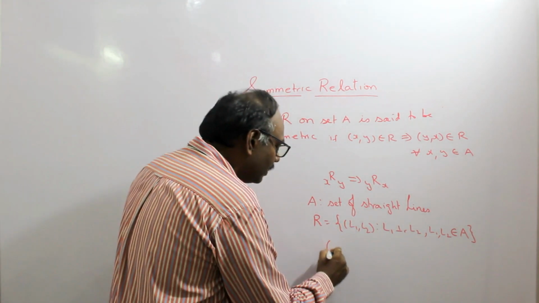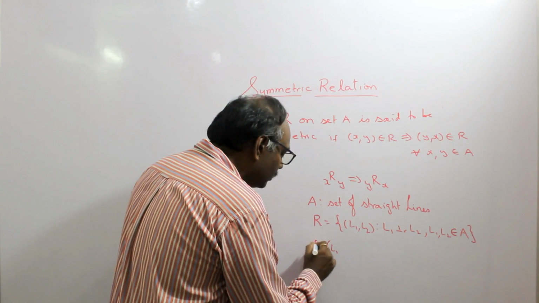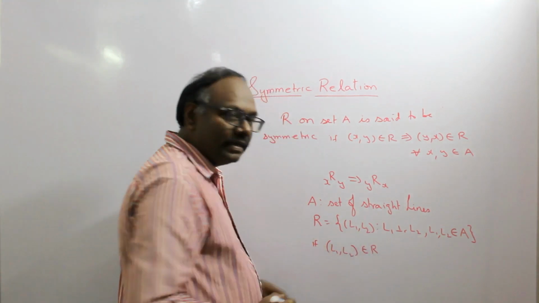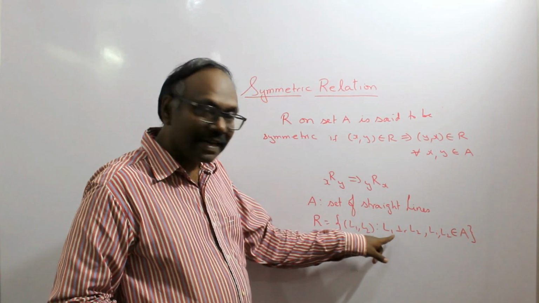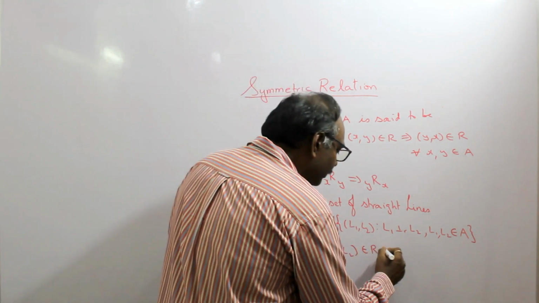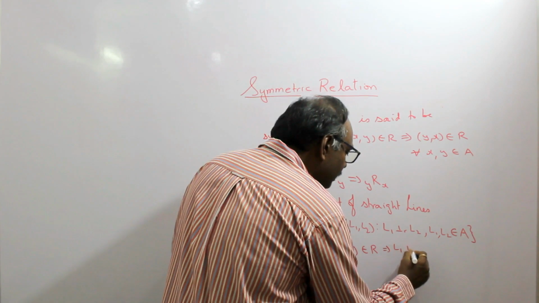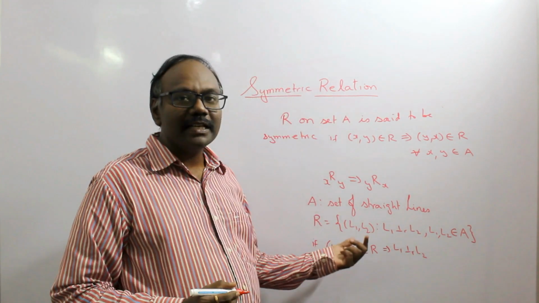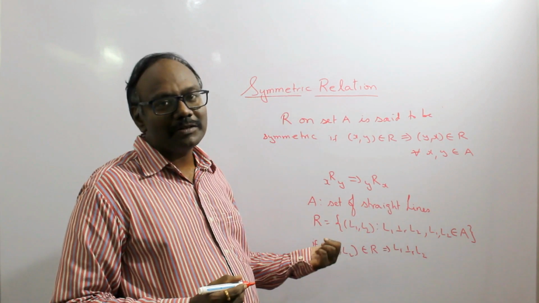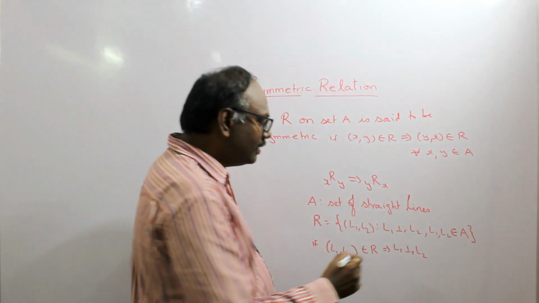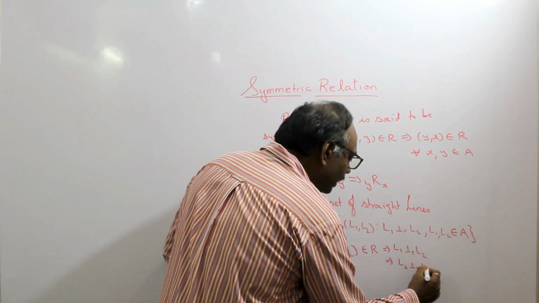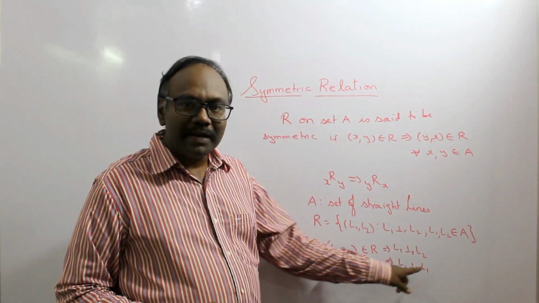So, if L1, L2 belongs to this relation R, it has to satisfy this condition. This implies L1 is perpendicular to L2. Now we know from geometry that if L1 is perpendicular to L2, then L2 is also perpendicular to L1.